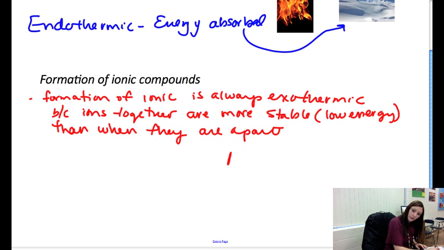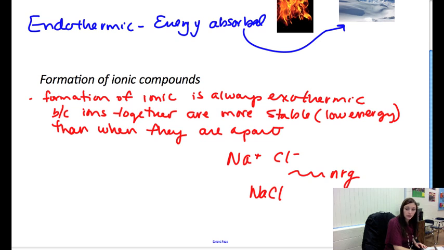So Na plus and Cl minus are going to be at a higher energy than when they are bonded together. When they bond together, they release this energy, and that is the heat that you will feel. It's always more stable to be bonded to something than to be roaming around as a single ion. It takes more energy to be a single ion than when it's bonded to something else.